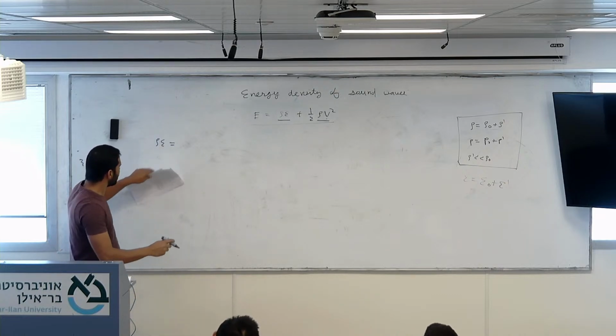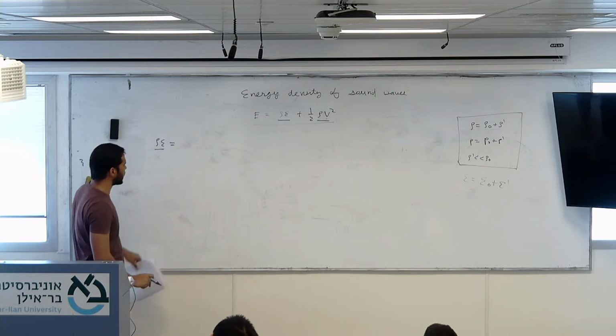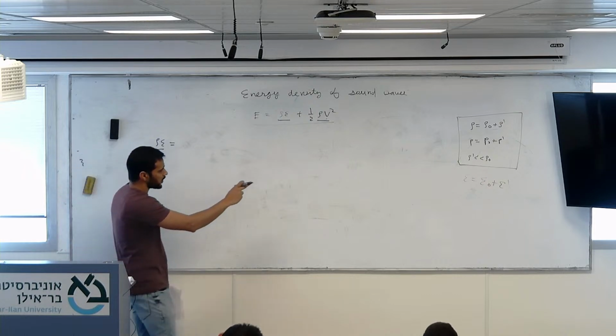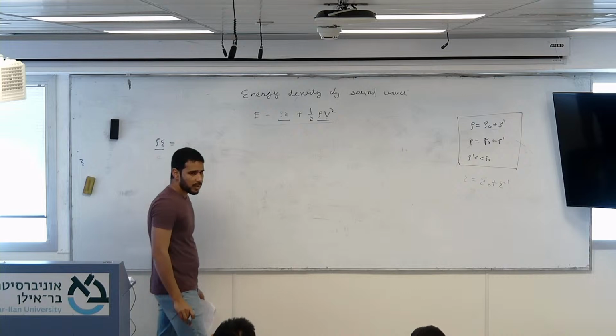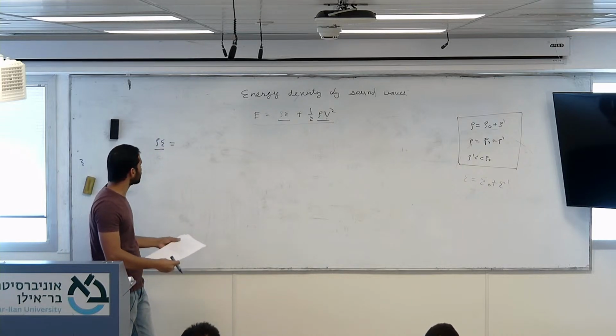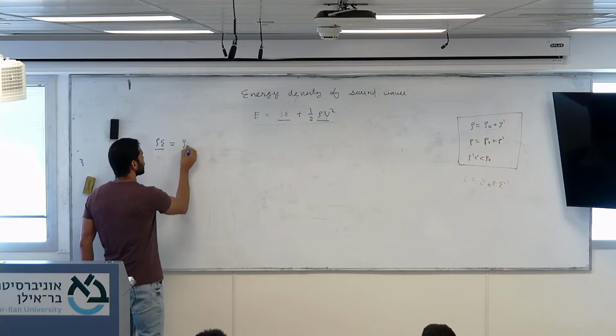Because this change in rho and e is a second order term. Rho is also perturbed, e is also perturbed. There are small perturbations in both. So we can expand it around the density of the fluid. Call it rho 0.